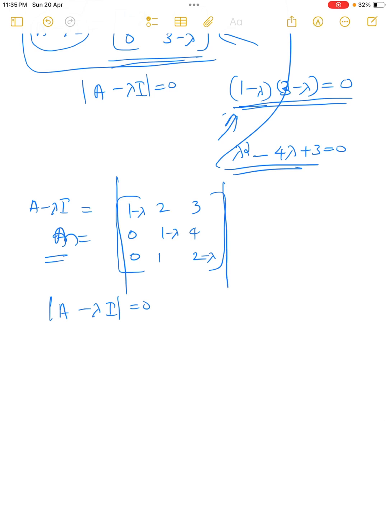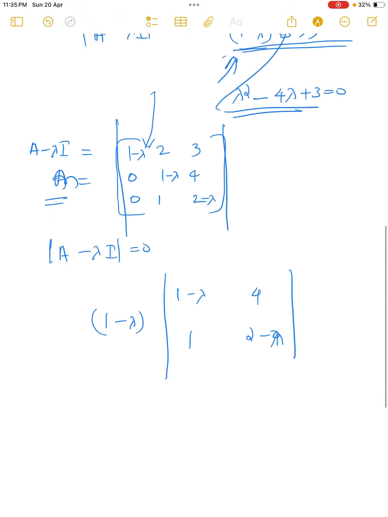We can find the determinant of this matrix by using this first column. So 1 minus lambda into the determinant of 1 minus lambda, 4, 1, 2 minus lambda. All other entries are 0, therefore those terms are equal to 0.